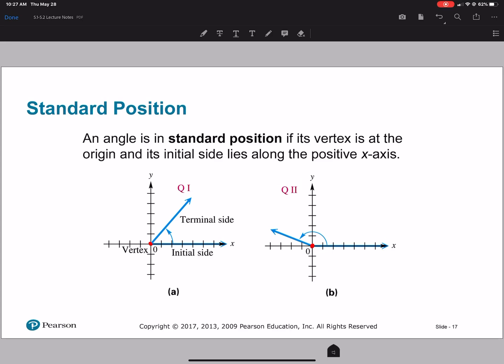Positive x-axis. All right? So the positive x-axis, as you see, is the horizontal axis on the right side. Now, if we look at the terminal side, we have what? We have different quadrants. We have quadrant 1, quadrant 2, quadrant 3, quadrant 4. It can be any one of those. So just keep that in mind.